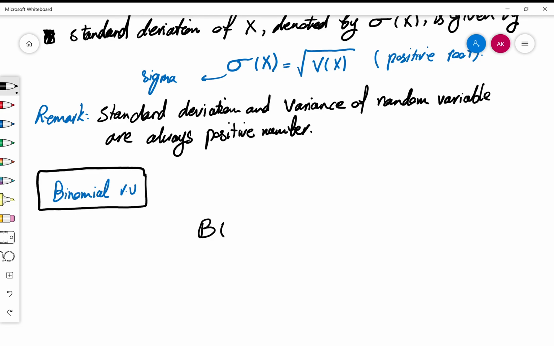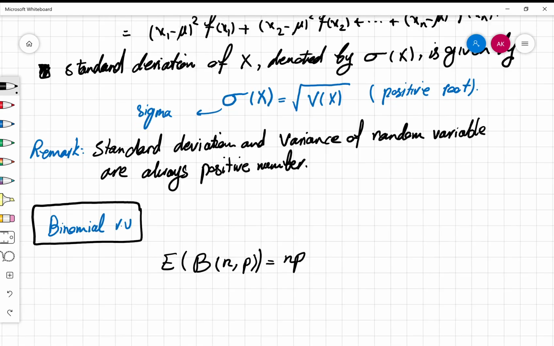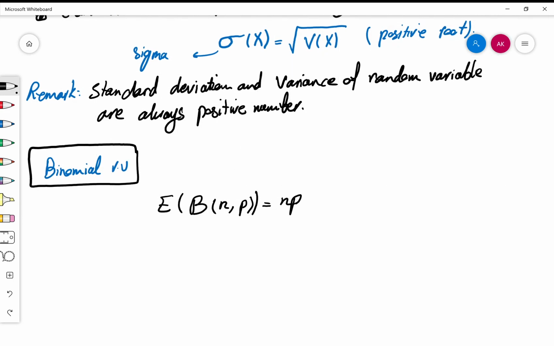Remember, a binomial random variable basically counts the number of successes in a Bernoulli trial with n trials and the rate of success p for each one. So the expected value of such a random variable, you don't need to do all those computations. People have done this and it's equal to np.